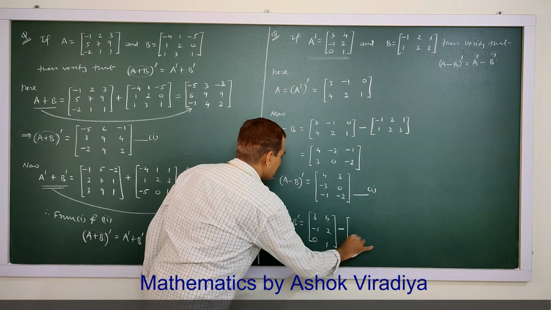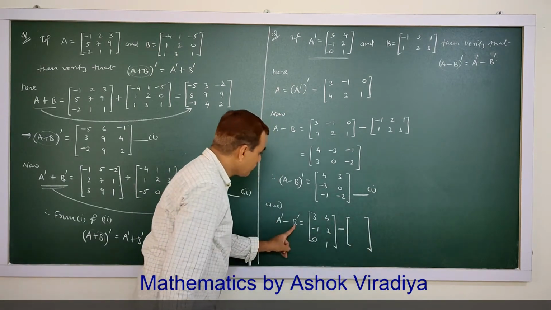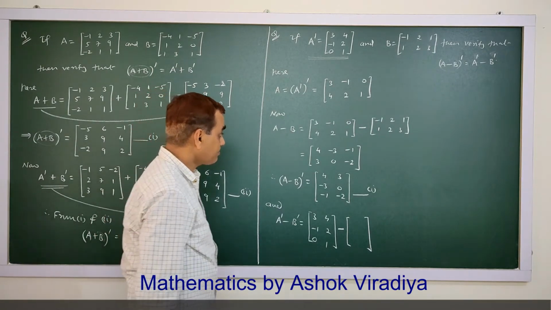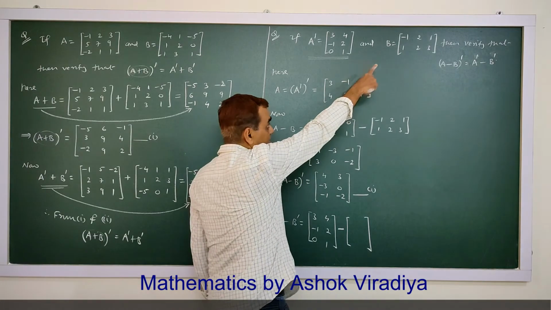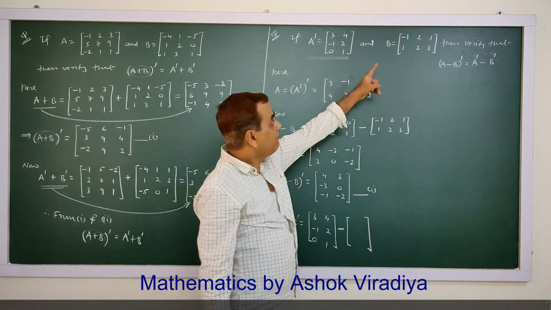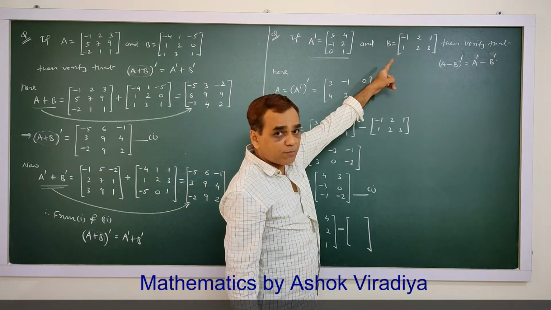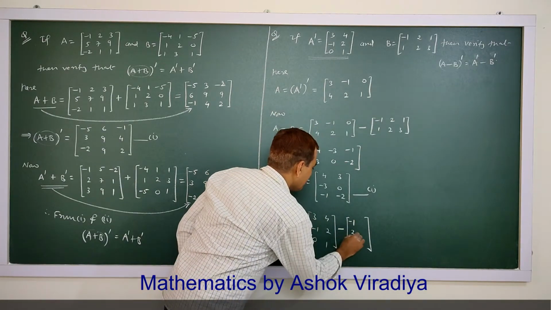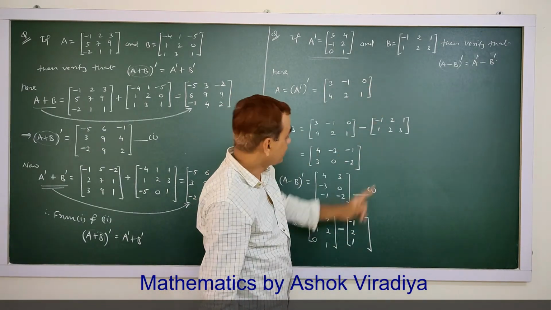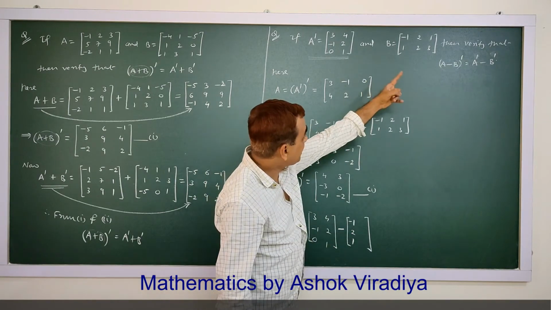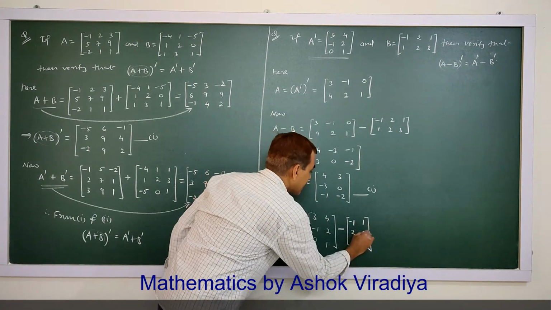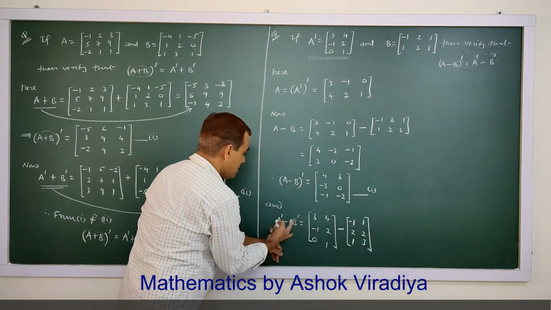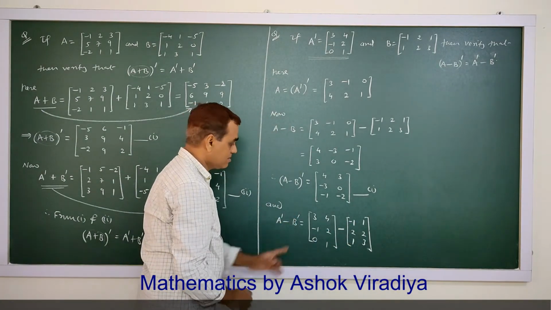Now here we get the transpose of B. Transpose of B, that is, see, this is B. From B, taking its transpose, the first row is converted into the first column. The second row now becomes the second column. So this is the transpose of B.